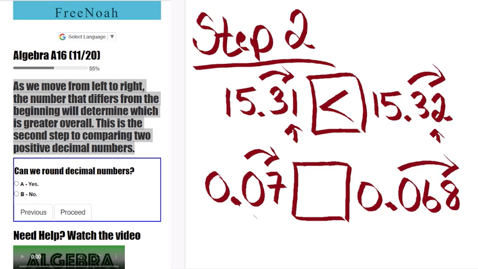We notice the first difference is in the hundredths place value. We have a 7 here. Now we have a 6 over here. Well, 7 is greater than 6, so we can ultimately state that 7 hundredths is greater than 68 thousandths.